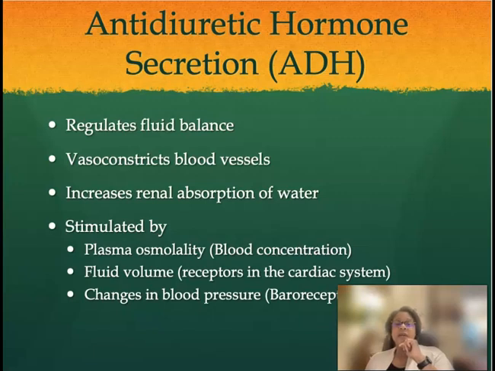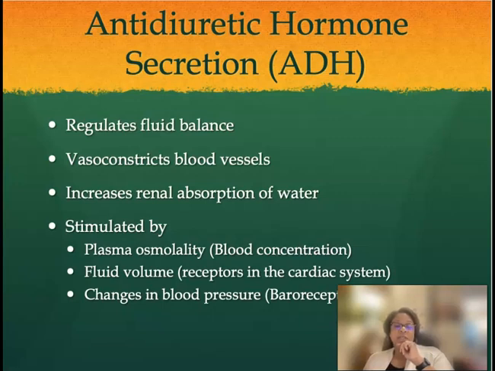As you see here, the triggers are, first, a change in the blood concentration, so we get a very hypertonic situation and the blood osmolarity changes. We also have a change in volume, so blood loss or volume loss, or vice versa. Receptors in the cardiac system will sense a decrease in volume, and then that whole process will begin.